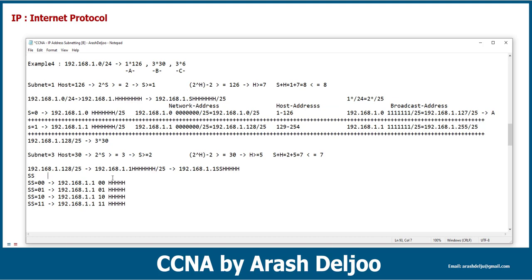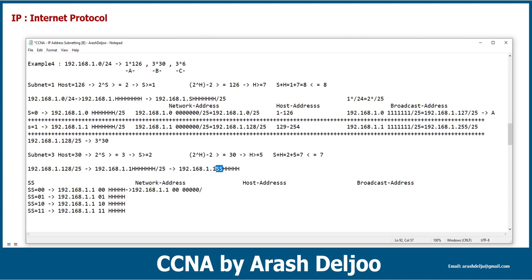Again, we need to do the same process. Look here. For the network address, we need to replace the host bits with 0. 192.168.1, okay, 00, 00000. Okay, this is /27. Here, as you can see, we converted the /25 network to /27 networks.